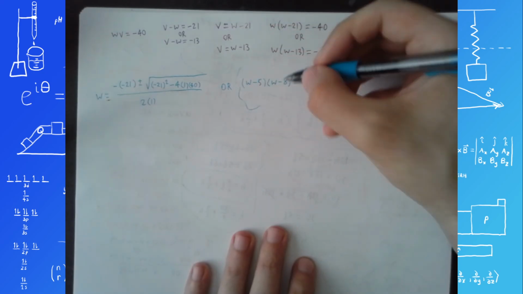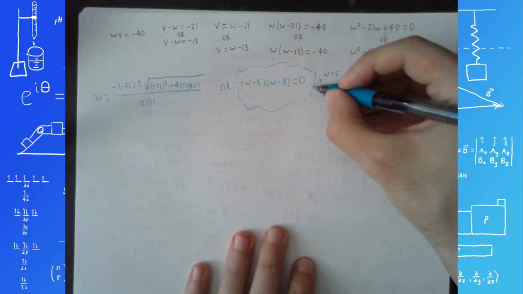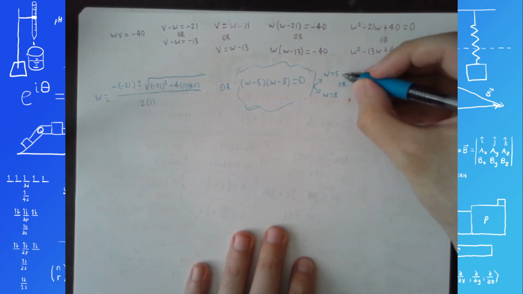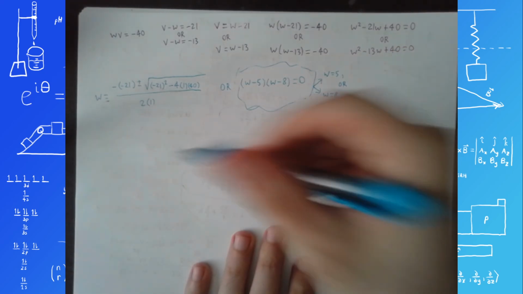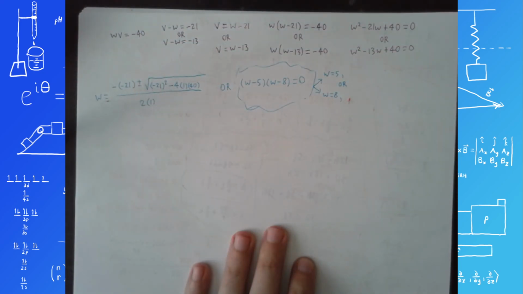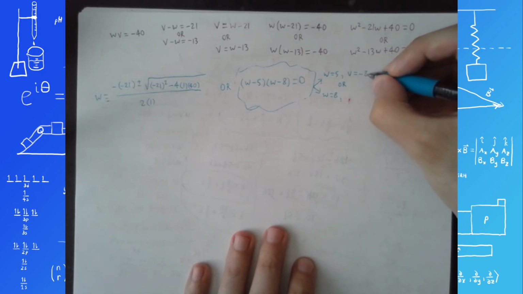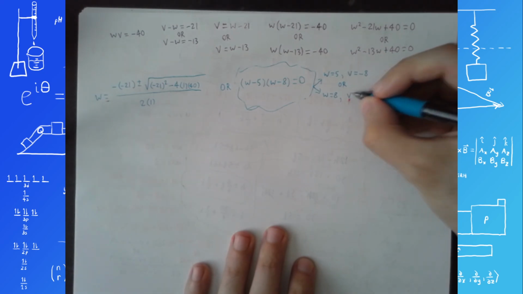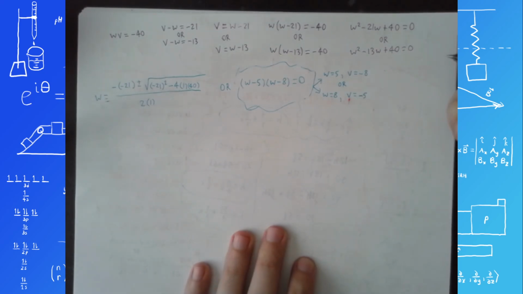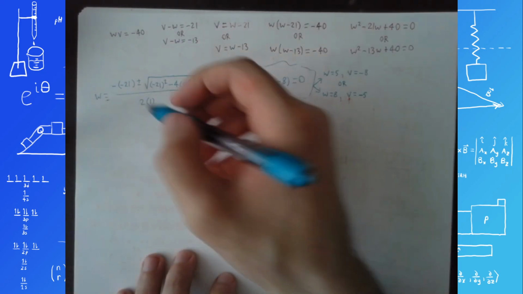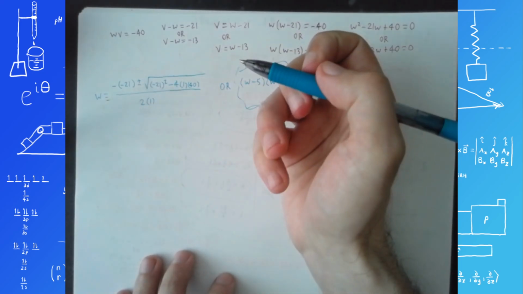So this one gives us these possibilities, and if w is equal to 5, then that would mean, since w times v is negative 40, that v is equal to negative 8, or w equals 8, making v equal to negative 5. So that's one possibility, and then the other possibility over here is going to be one ugly mess.